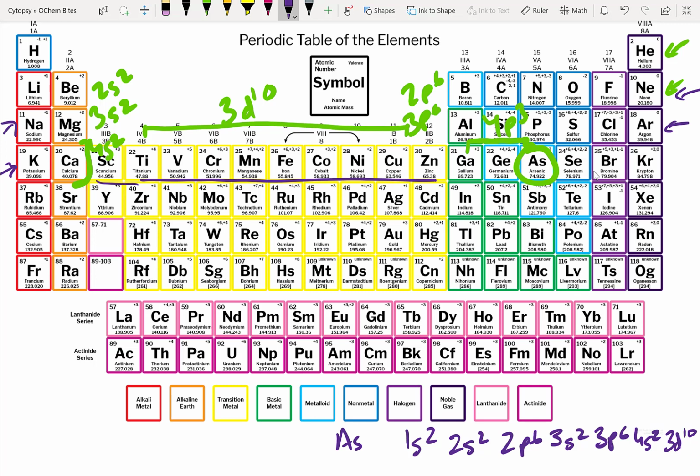And then finally, those last 3 electrons are 4p3. That's the full electron configuration for arsenic.